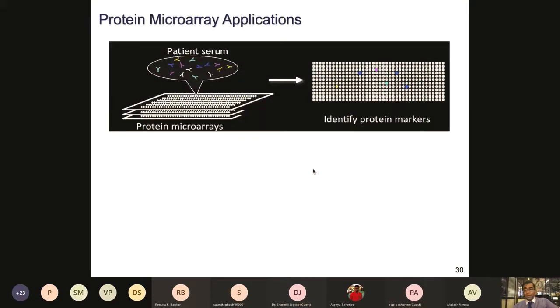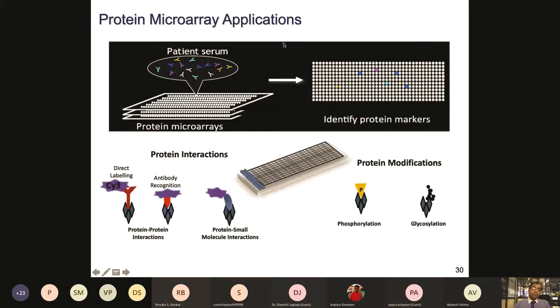So typically, if everything goes well, from a patient's serum sample with very few microliters, which you can dilute in the buffer, you can put those into the microarrays, and potentially you will be able to identify the signature of the protein which is binding to these features here, which is showing the antibody response.